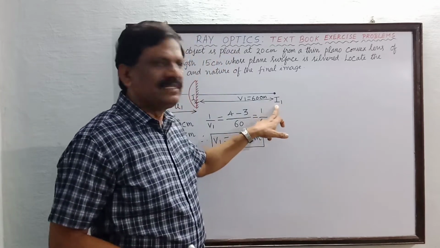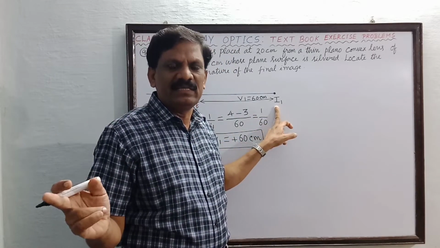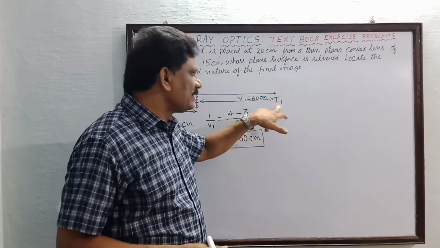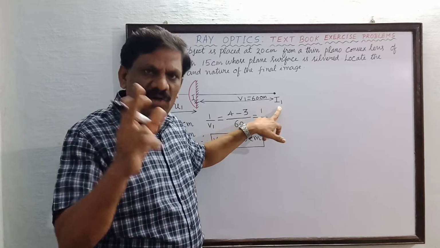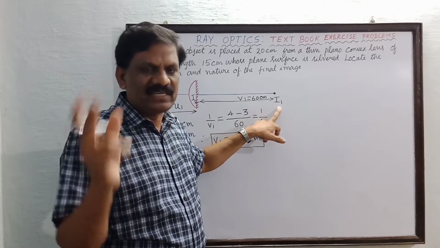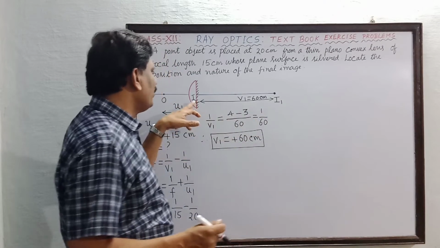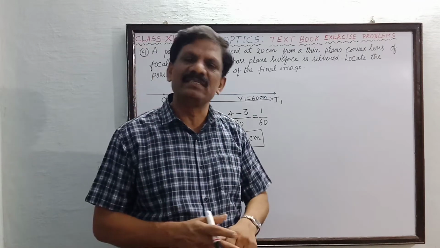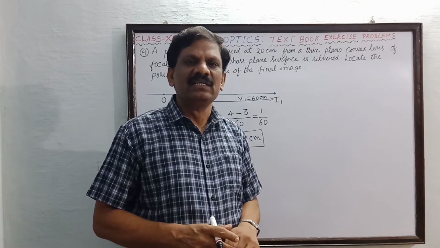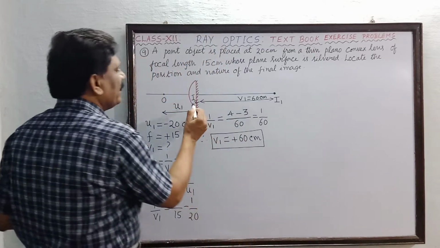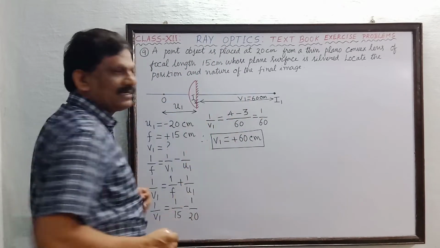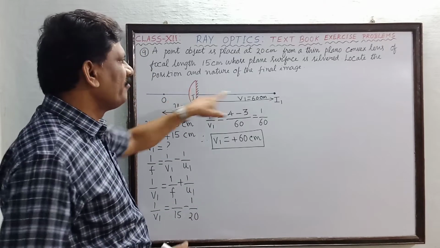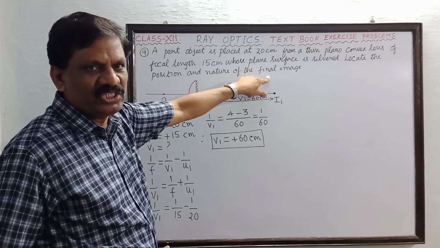So I1 is the image formed by the plano convex lens, which acts as the object for the plane mirror. This I1 is reflected and its image I2 is formed within the glass itself at the same distance, 60 centimeter. And that I2 is acting as the object for the plano convex lens to form the final image.